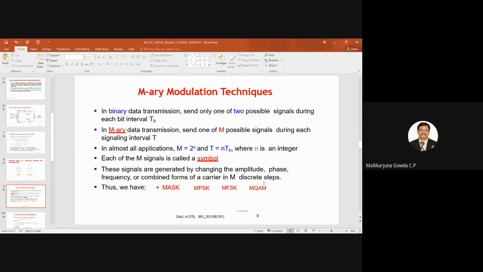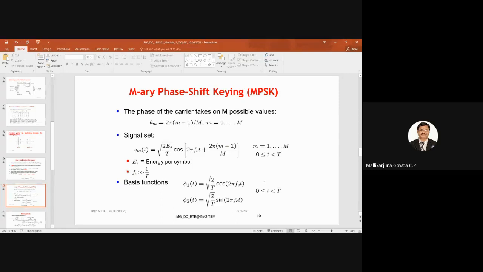Let me talk about M-ary PSK only, because I discussed BPSK and QPSK, so it is easy to move with M-ary PSK. That's why I've taken M-ary phase shift keying. How do I express the phase of the carrier, which takes M possible values?